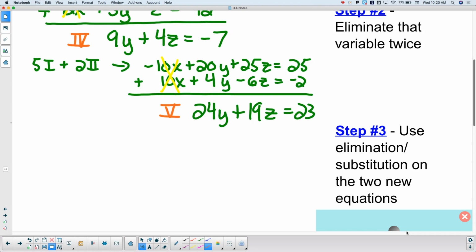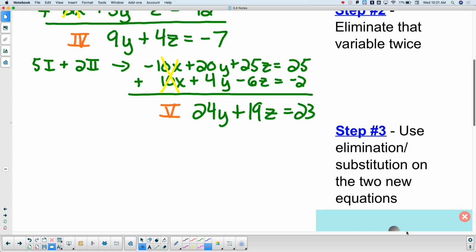And that's fine. We're okay with that. So in this particular case, the fourth equation doesn't really make it nice if I divide by 9 or by 4, and the fifth equation doesn't make it nice if I divide by 24 or 19. So I'm not going to go with substitution. I'm going to go with elimination.